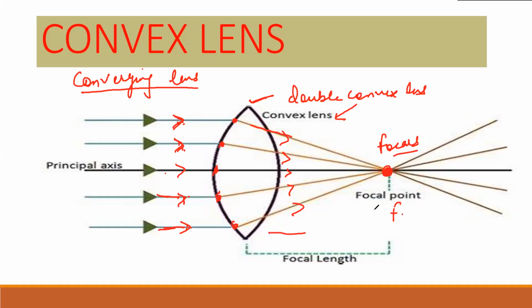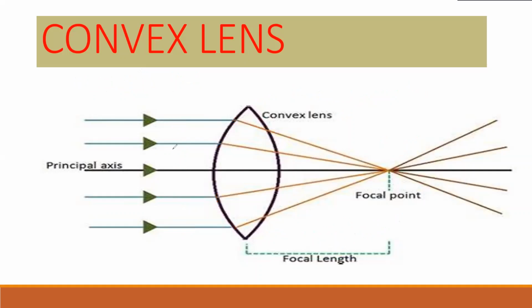And this distance between the focus and the center here, this center over here is called by name as optical center and its notation is O. This distance is called by name as focal length. Focal length and its symbol is small f. So converging lens, why it is called converging lens?